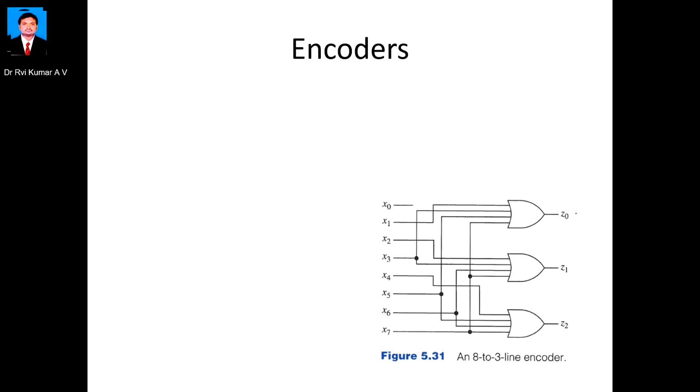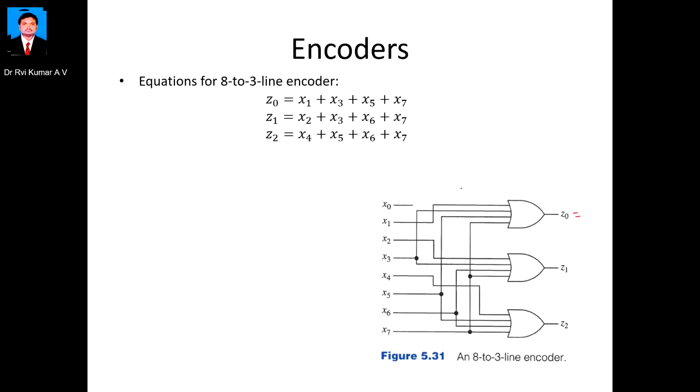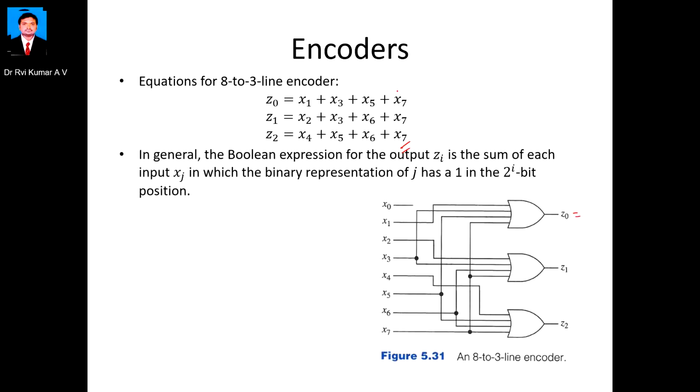Z0 is equal to x1 plus x3 plus x5 plus x7, Z1 is x2, x3, x6, x7, and Z2 is x4, x5, x6 and x7. This is your encoder circuit diagram with the Boolean expressions.